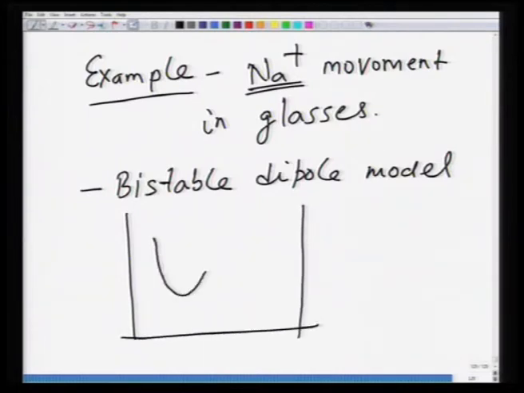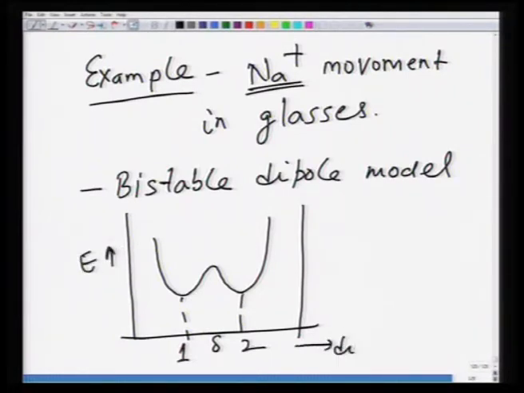So, we have this distance called delta from 1 to 2, and this is again energy. As the sodium atom moves from left to right, there is a change in the coordinate, but at any given temperature above 0 K, there is a finite probability of hopping either to this side or to the other side. So, whether to left or to right, there is a finite probability of hopping.